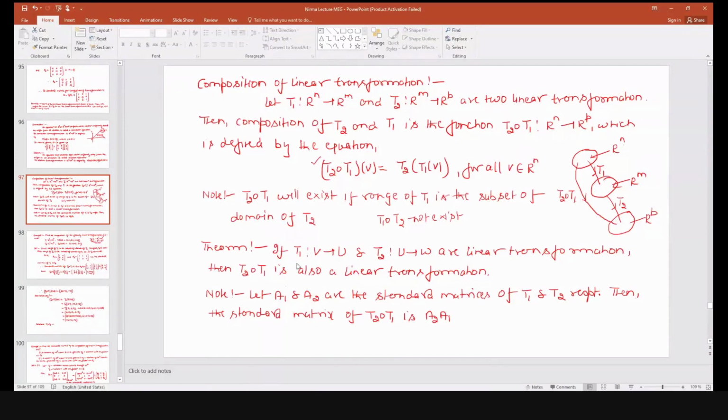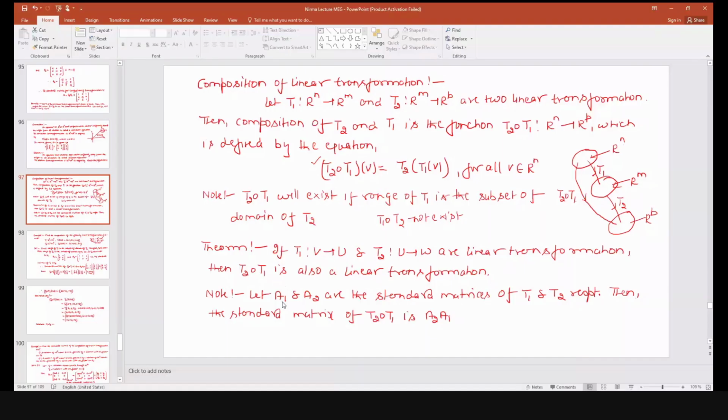Now let A1 and A2 be the standard matrices of T1 and T2 respectively. Then the standard matrix of T2 ∘ T1 is defined by A2 A1.